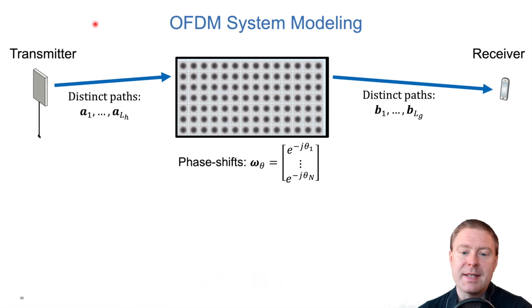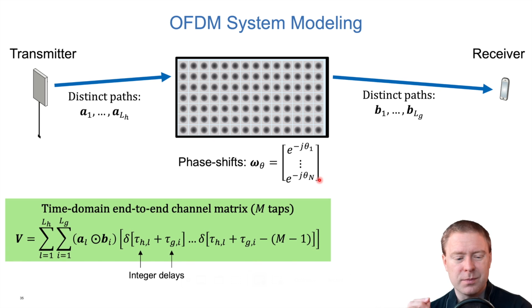So let us extend the system model to an orthogonal frequency division multiplexing, or OFDM, system model. We transmit from the transmitter to the receiver once again, but now we have multiple distinct paths, A1 to ALH, and then we have multiple distinct paths from the elements to the receiver, B1 to BLG, and then we have the same phase shifts all the time.